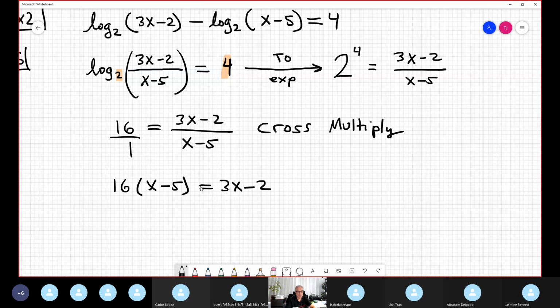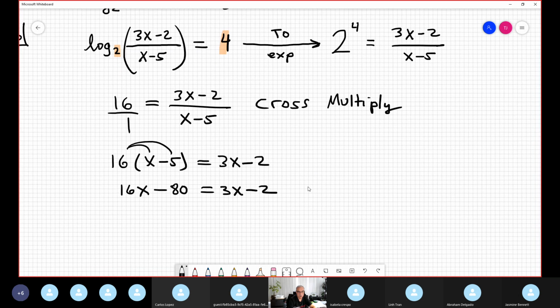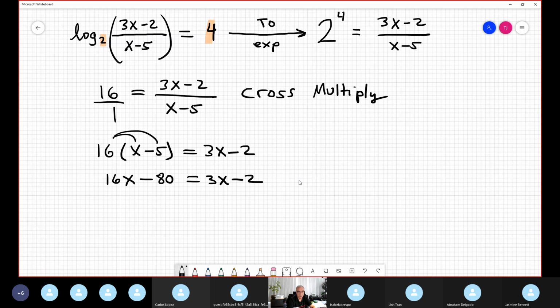The 1 times is invisible. Now distribute it: 16x minus 80, equal to 3x minus 2. In this case it was not a quadratic equation, it was a linear equation. Therefore, we expect only one solution.